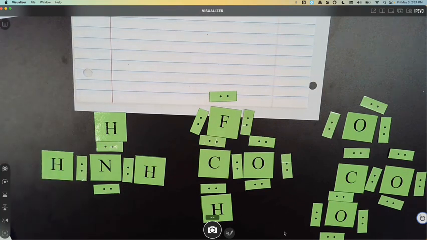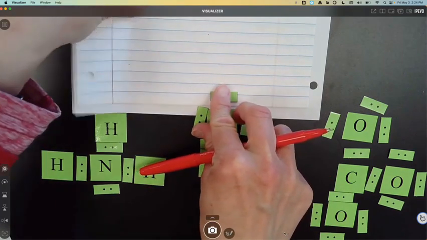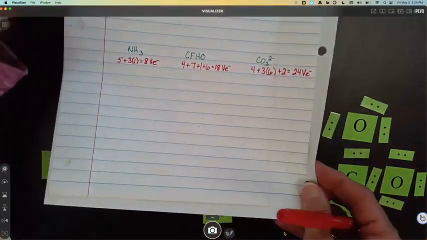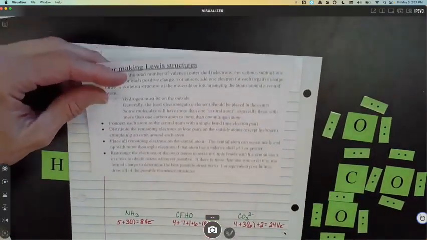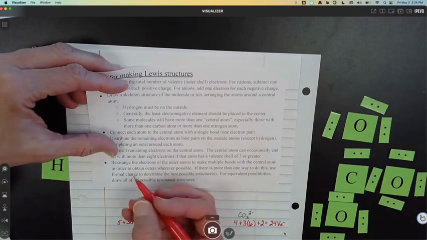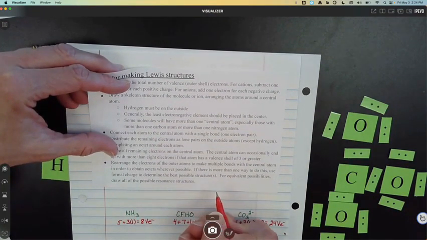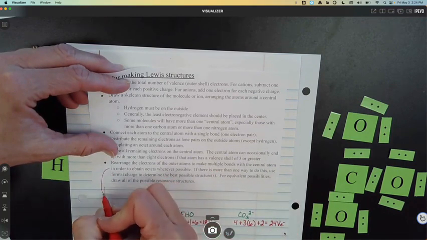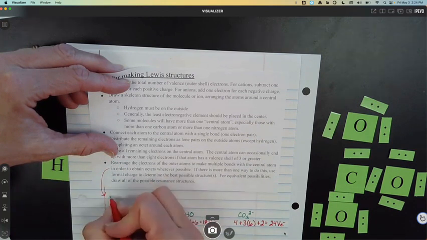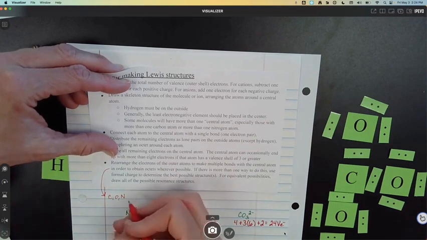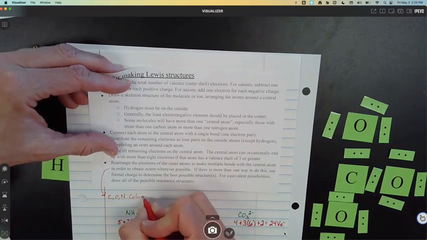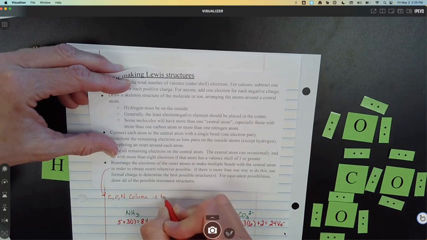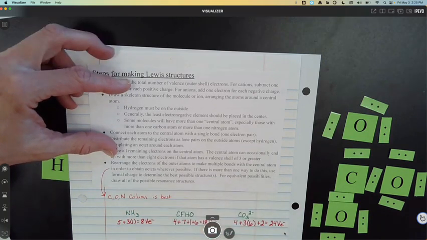Now, I am going to tell you a couple of hints about this rearrangement rule where we have to move things around. Generally speaking, when we have to make multiple bonds, the carbon, oxygen, nitrogen column elements are going to be the best situation.